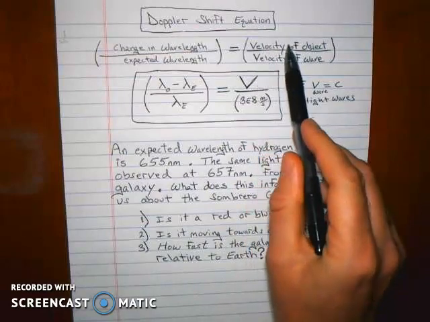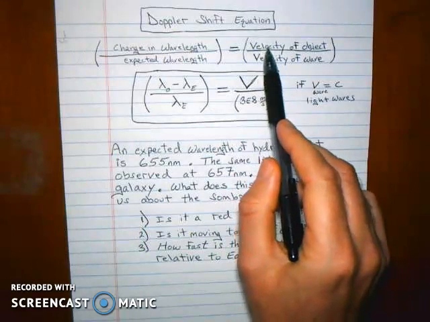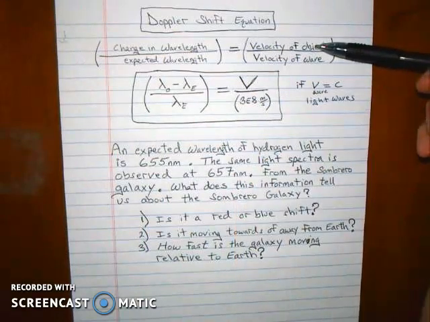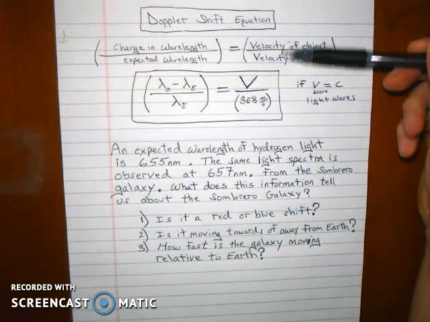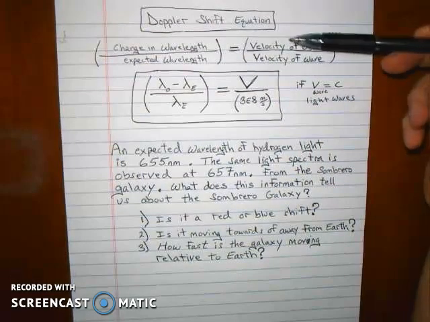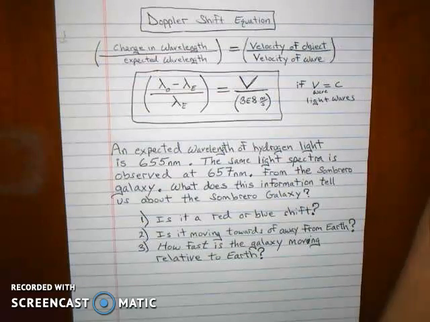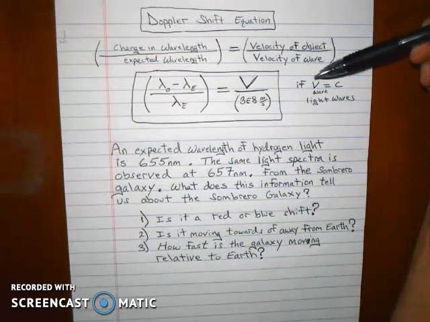The greater the velocity, the greater the change in wavelength. If there's zero velocity, if the object's not moving relative to the observer, then we know 0 divided by anything is 0. It would be 0 change in wavelength. So this is only if there's some relative motion between the source of the wave and the observer.